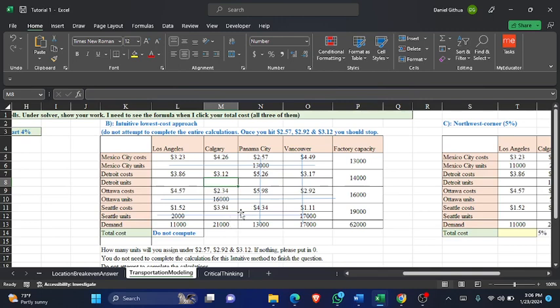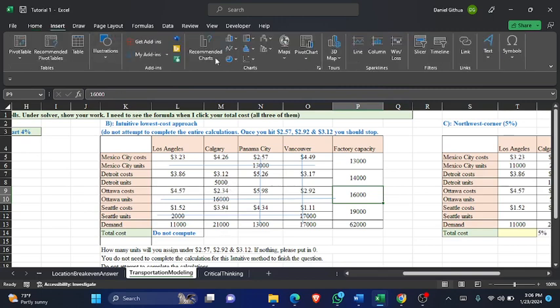Now what we do is subtract the already given 16,000, because we find how many units we have to put there so that the demand can be met. So it's 21,000 minus 16,000, which is 5,000 units. So this column here is completed because 16 plus 5 is 21, so the demand has already been met. Now we close it out.